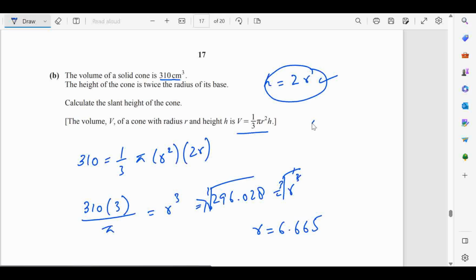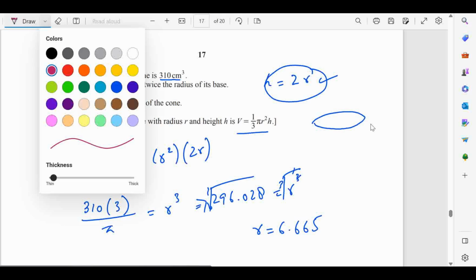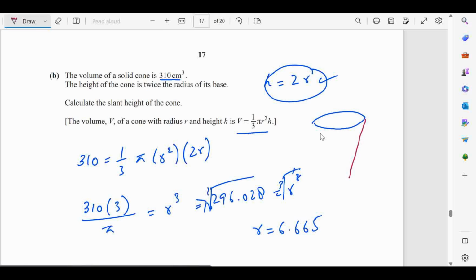So let's say this is a cone. We know that this radius is given to us. We have already found it. And the height is also given to us in terms of r, so this will be 2r. And we have to find the slant height.